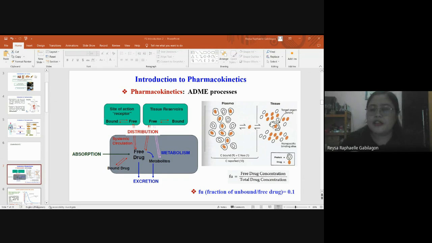Okay, so we are done with our compartments. The first one here is the plasma concentration time curve. So what will happen to our drug if taken orally or through other routes of administration? We have here a curve that will represent that. At zero time, of course, the drug is yet to be administered.